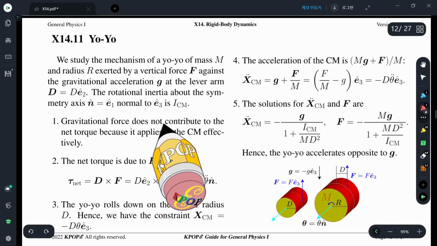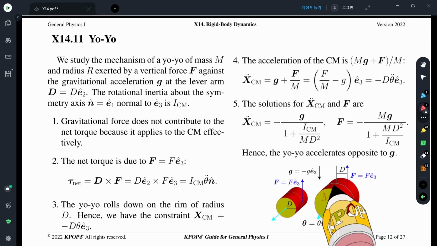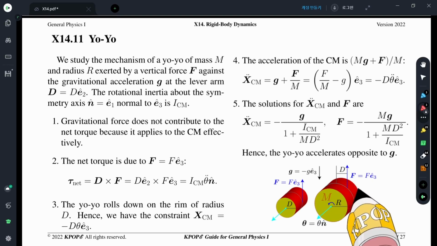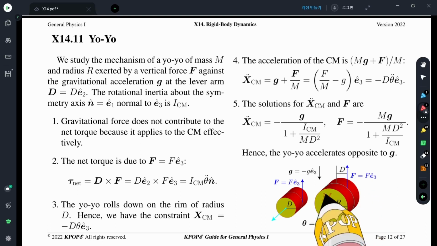A yo-yo consists of a cylinder, and we wind a string and apply some tension to the system.